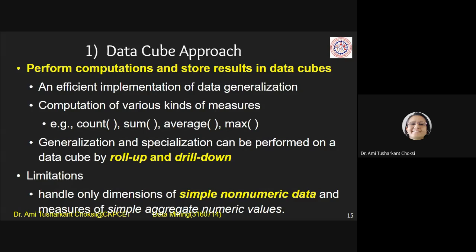We can have data about, say, customers, what type of customers are having this, so that answer we can get. But these functions can only be applied with the dimension where we are having the numeric values, fine.